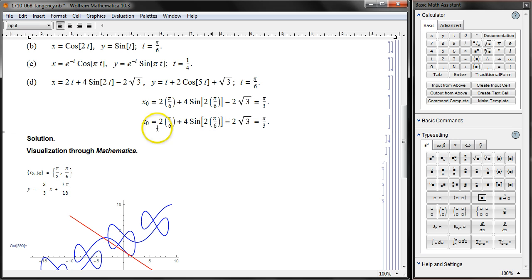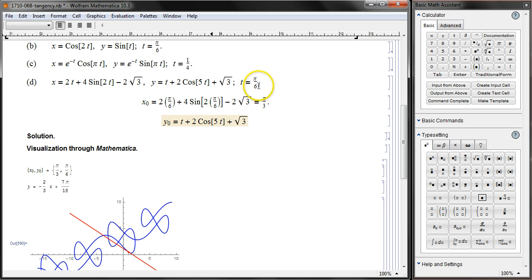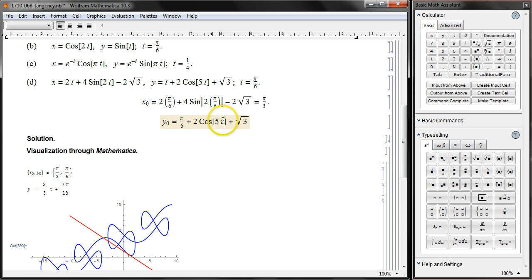How about y0? Well, here is the expression, and I have to plug in t equals pi over 6 as before. Now what is this quantity?